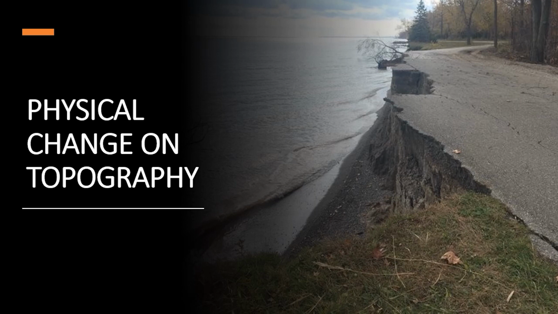Some places look like rocks, some places are rockier, some places are more sandy, some places are covered in ice. Those are the many types of topography, and the physical change caused these differences on Earth's surface. Let's take a look at each process of the Earth, the physical changes that affect topography. So let's move on.